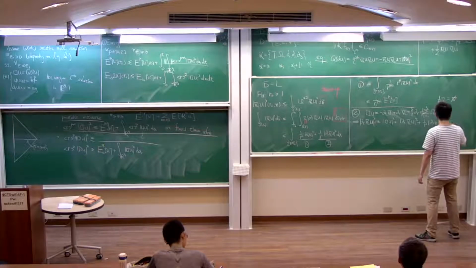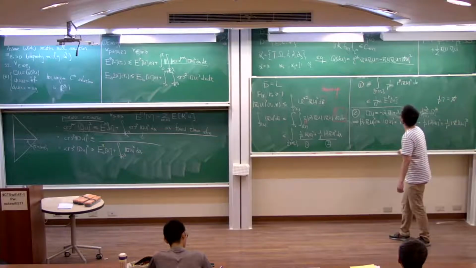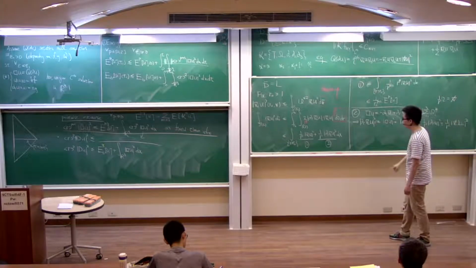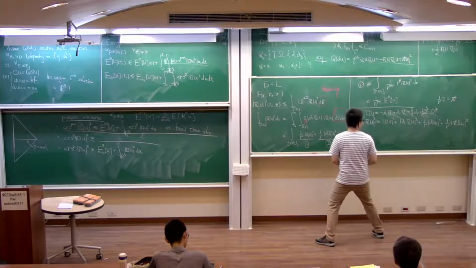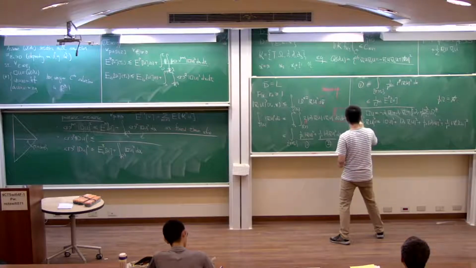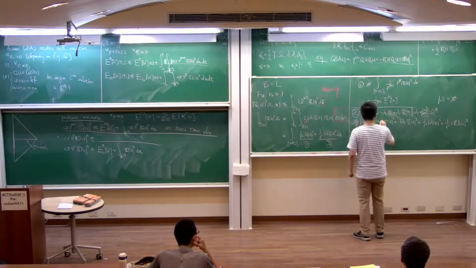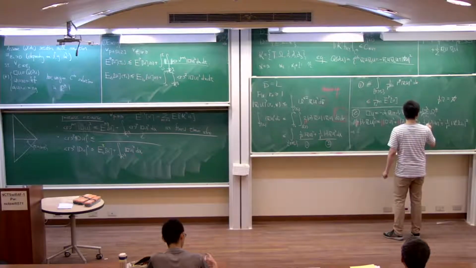So that's 1 over R squared gradient slash omega U squared. And what's the factor we are integrating? That's 1 over R squared. Put in 1 over R squared over here, and that becomes 1 over r.